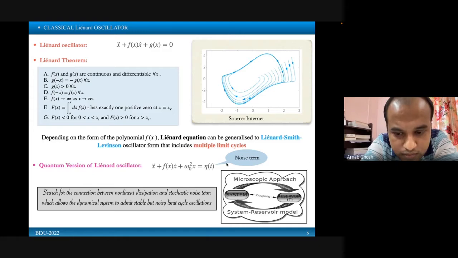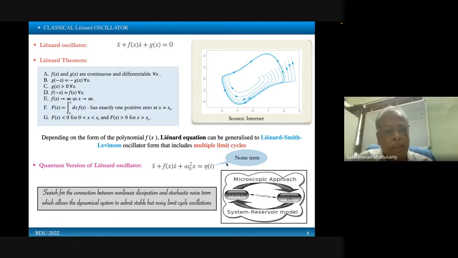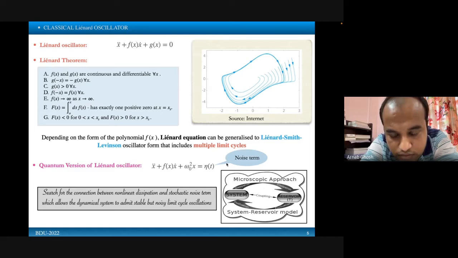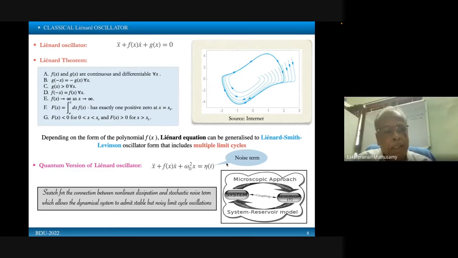So even in this Liénard class, there exist certain forms of f and g for which you can have continuous periodic oscillations, and you can have a Hamiltonian structure and quantize them.